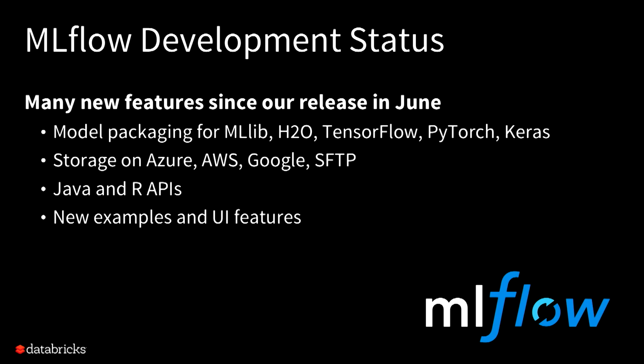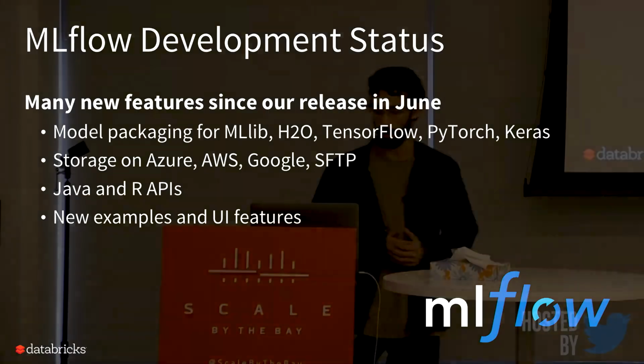So just to give an update on how this project is going. Since the release in June, we've added a lot of model packaging formats. For example, we support MLlib, H2O, TensorFlow, PyTorch, Keras, and we're adding any new ones as people add them. There's a storage backend for these artifacts, and that supports basically the three major clouds at least, as well as SFTP.